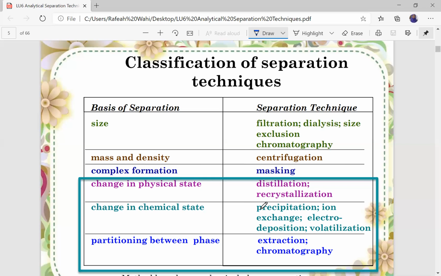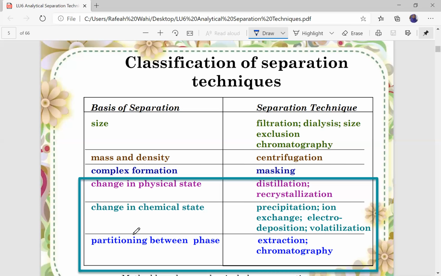Precipitation process, for example, is based on a solution of your analyte, to which you add a precipitating reagent, and at the end of the process, you will collect the precipitate in the form of solid. So there are chemical changes happening during precipitation process, which involves the precipitation reaction.